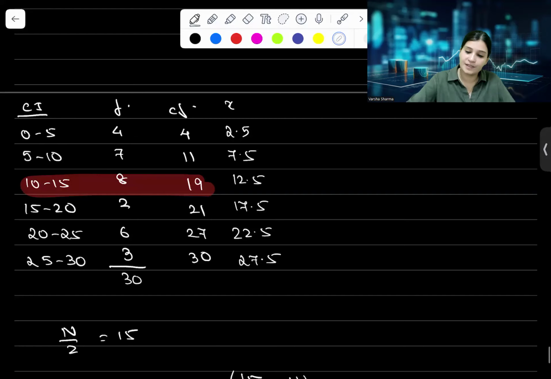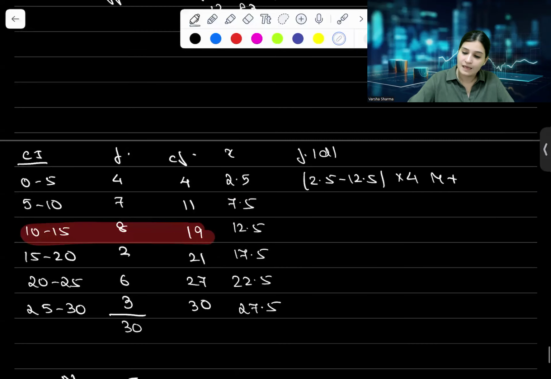Now repeat the same thing here. Deviation and F. 2.5 minus 12.5, sign change, into 4 M plus. Same, 7.5 minus 12.5, sign change, multiplied by 7 M plus. 12.5 minus 12.5 is 0, so ignore.